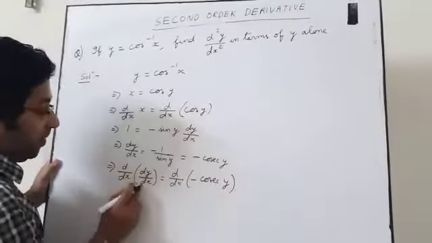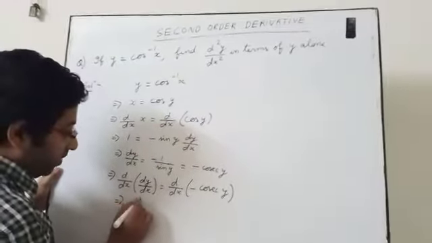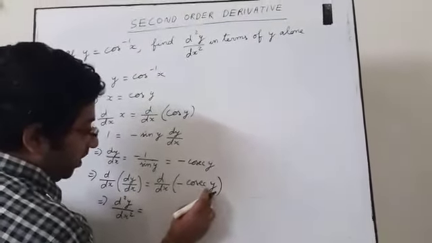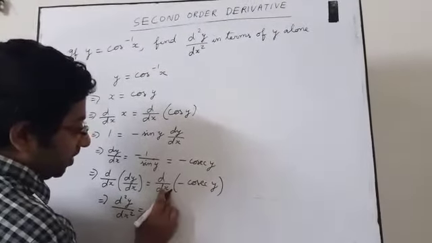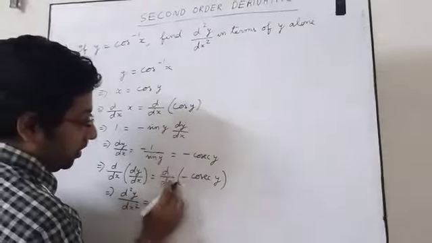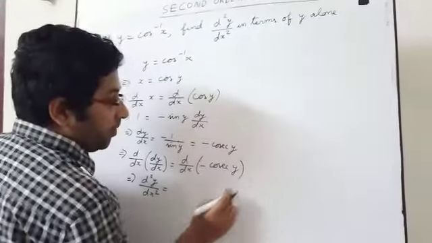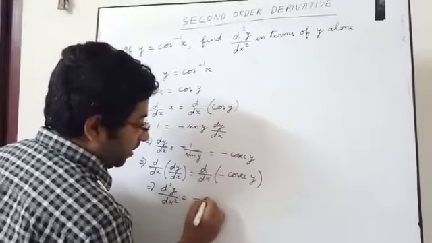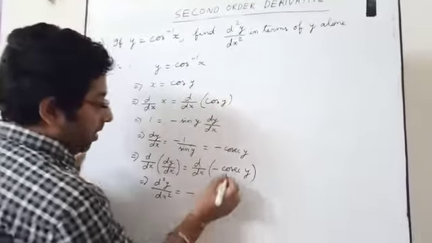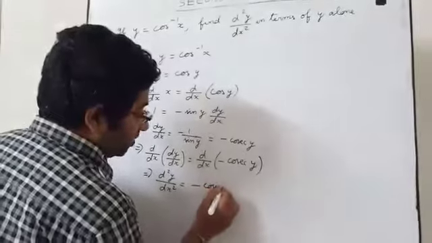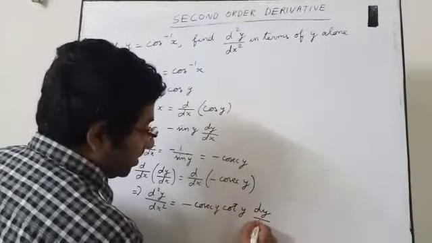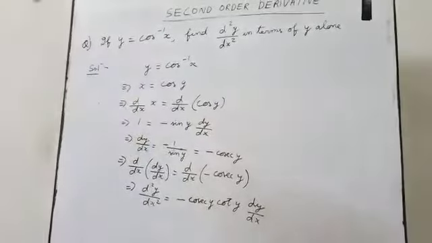Again you cannot differentiate a variable with respect to another variable, so d/dy of cosec y into dy by dx. What is the derivative of cosec y? Minus cosec y cot y into dy by dx. Is it clear or not?